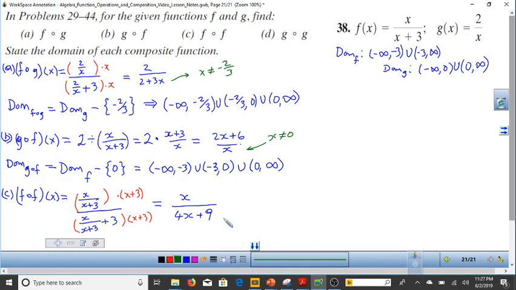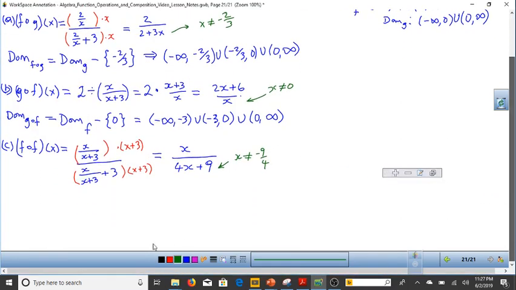So with this one here, x cannot be negative 9 over 4. So then the domain of f of f is equal to the domain of f, taking out negative 9 over 4.